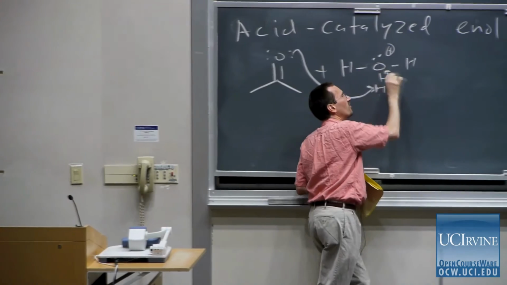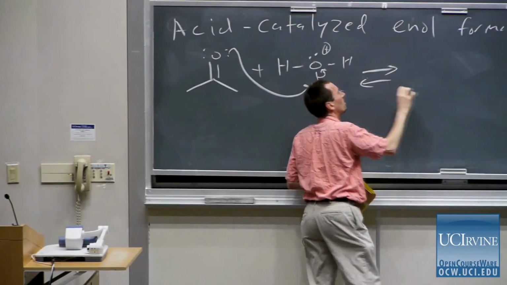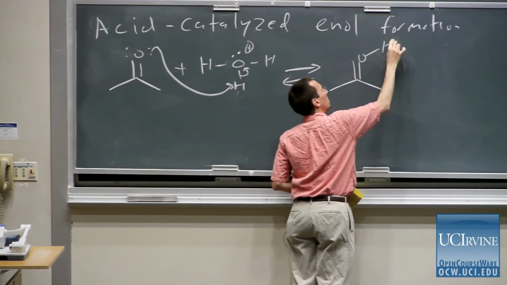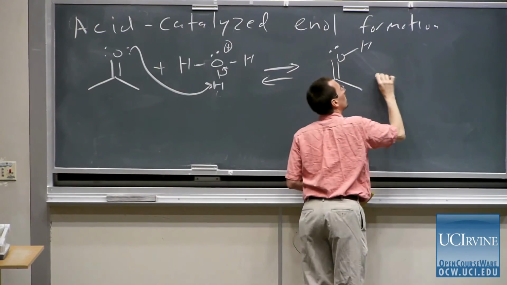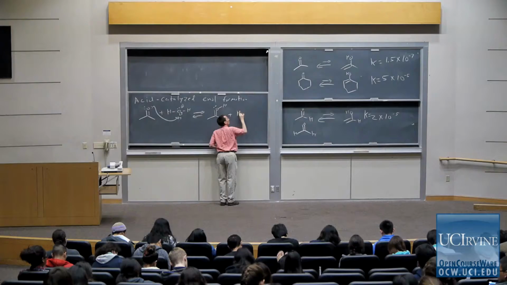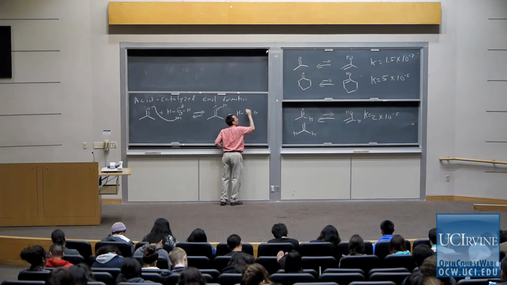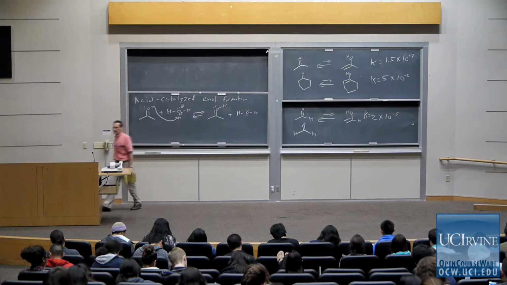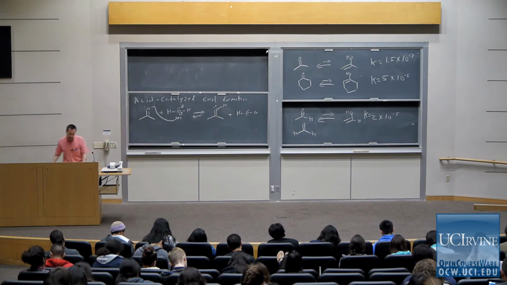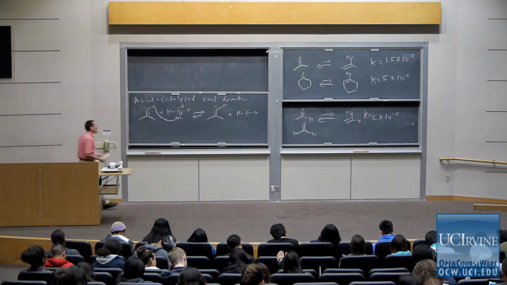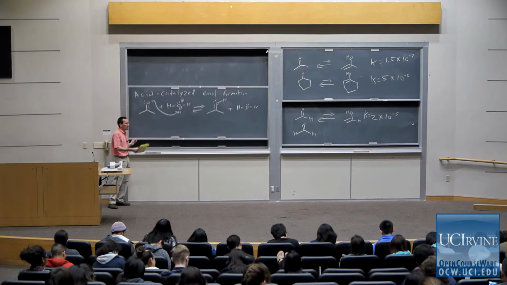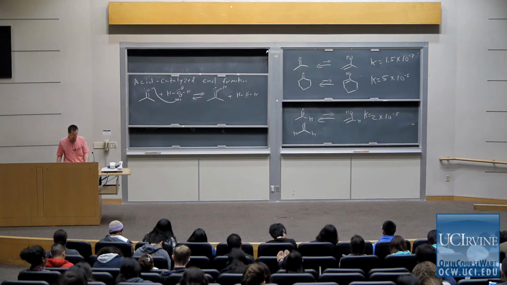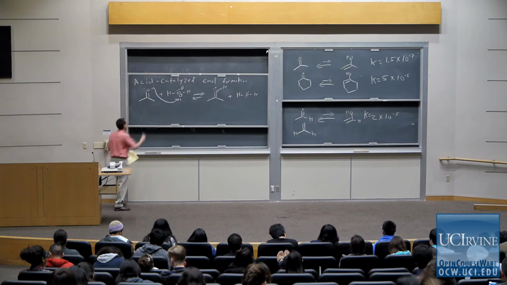And so you have an equilibrium where you can protonate the carbonyl. If we're looking at hydronium ion as catalyst, hydronium ion has been consumed in the first step of this reaction, and now we're going to recreate it in the second step of the reaction.